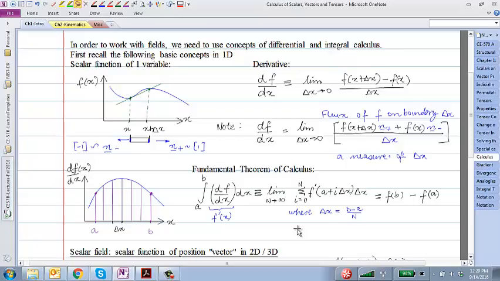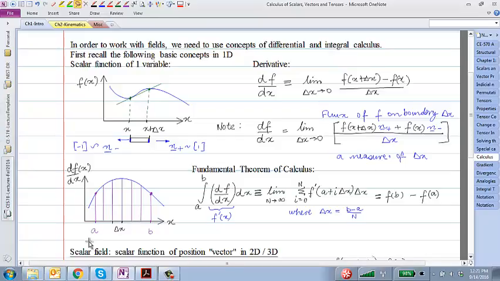It simply says that if I have a continuous function f, and I plot the derivative of that function, which could be something like this, then the integral of this derivative between two points A and B is simply equal to f(b) minus f(a), which you all learned in basic calculus.